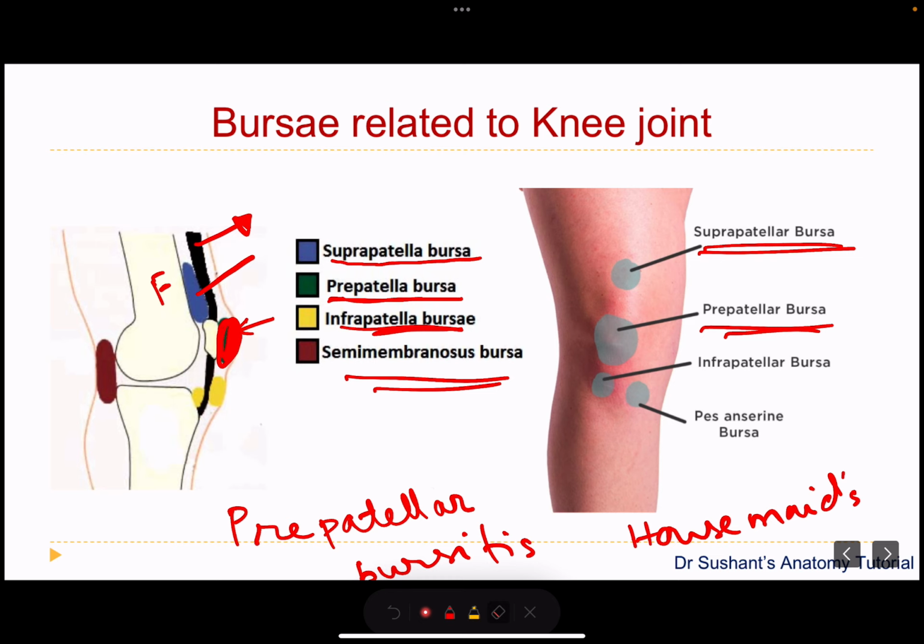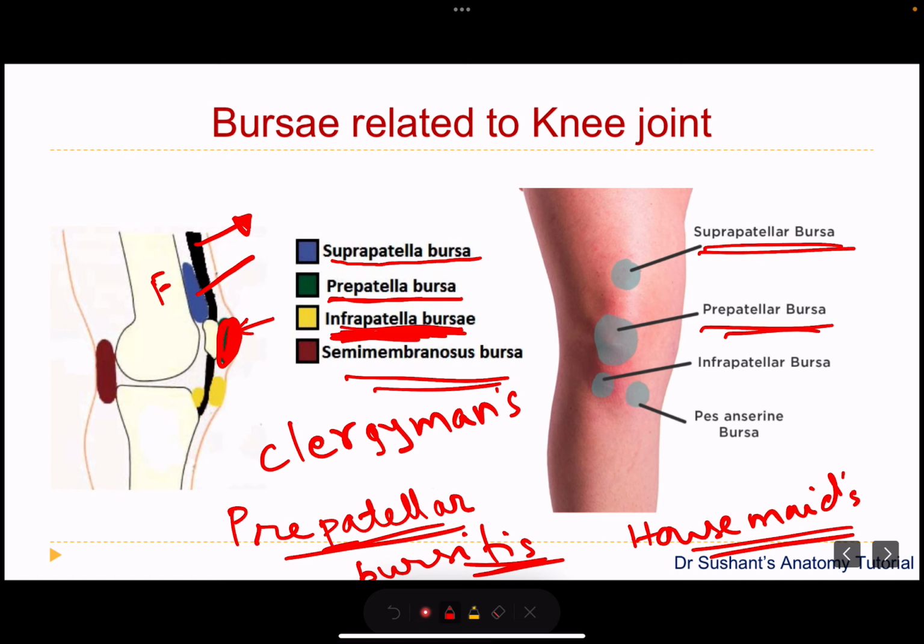Kneel down with the trunk upright is clergyman's bursitis, that is subcutaneous infrapatellar bursitis. Prepatellar bursitis is housemaid's knee. This is when you kneel down with the trunk bent forward. That is housemaid's knee. Kneel down with the trunk upwards is clergyman's bursa.